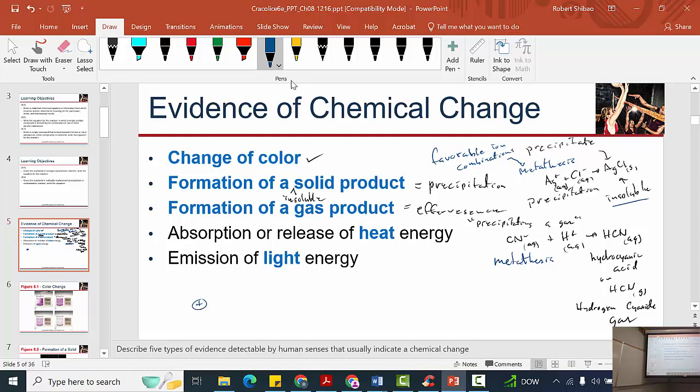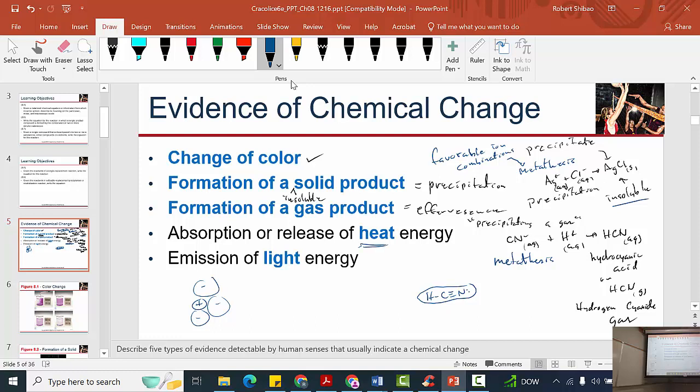If you have positive marbles and negative marbles, the negative marbles will be attracted to the positive marbles. But in this case, the bonding's a bit different, and it results in a molecule of hydrogen cyanide. When you take hydrogen cyanide and dissolve it in water, we form hydrocyanic acid. And so we typically use the acid name in aqueous, and then we use the ionic name when it's pure, like this, as a gas, for acids.